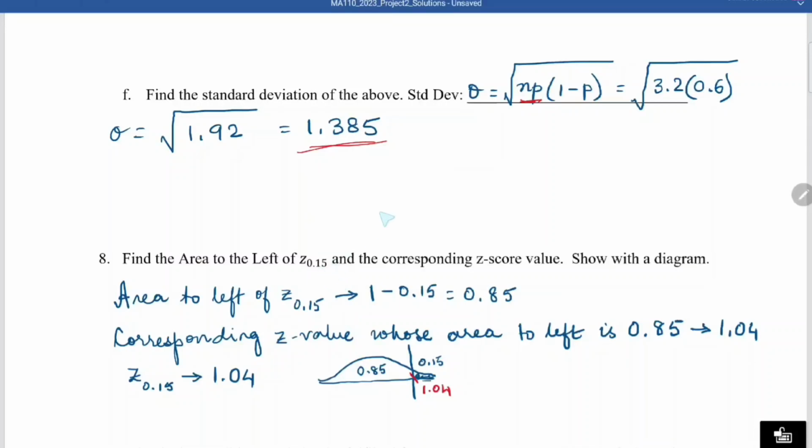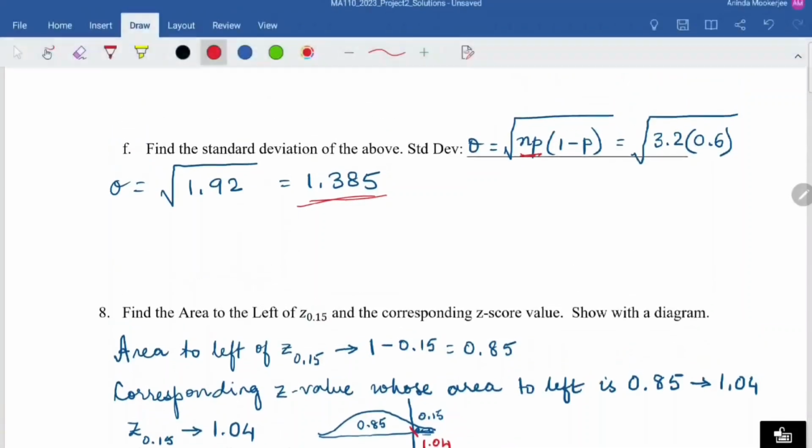Now, for this particular problem, you have to look at the notation given to us. It has z and then a subscript of 0.15, which is the same as the z of alpha notation. When this happens, you should always remember that this notation, z of alpha, means area to the right.